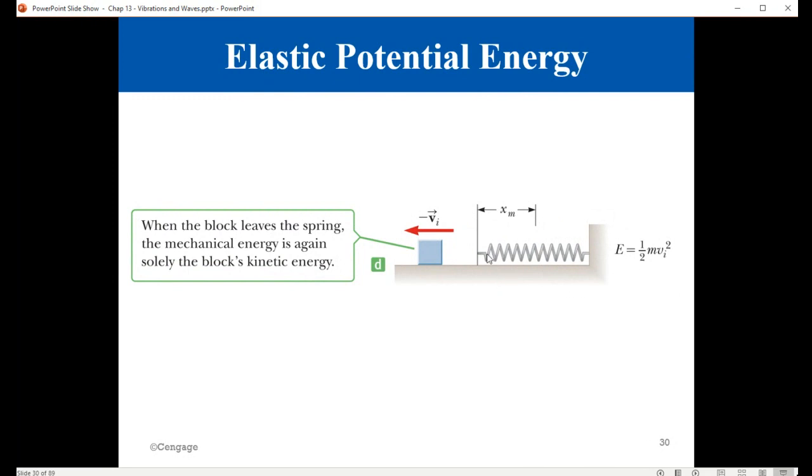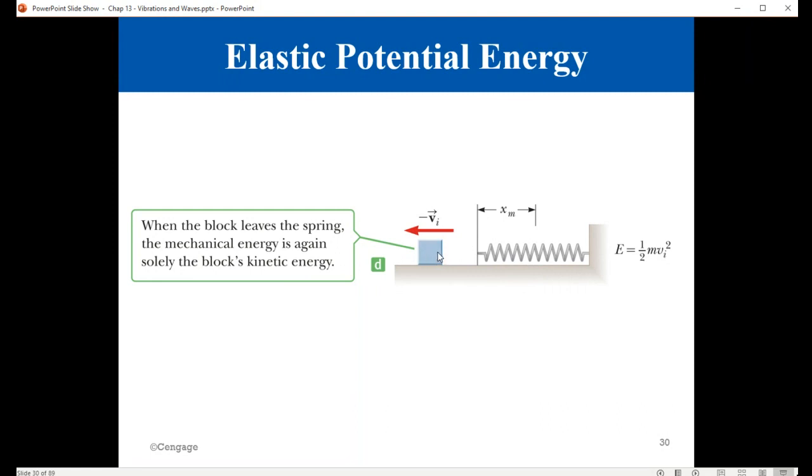Then the spring will restore its original position, move back, and there is a force exerted from the spring that will make the mass move in the opposite direction.